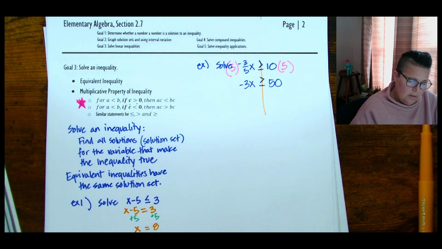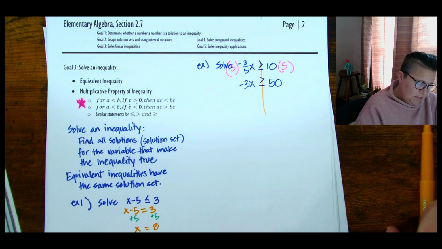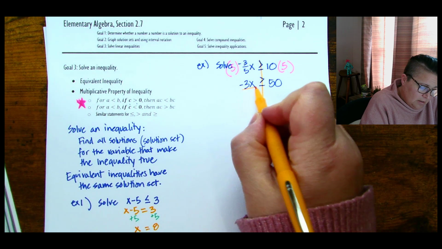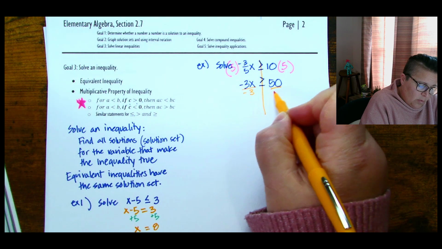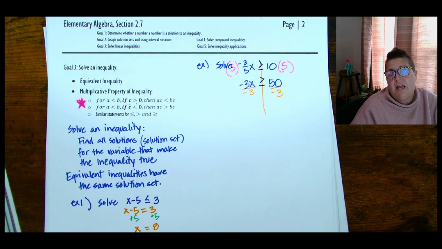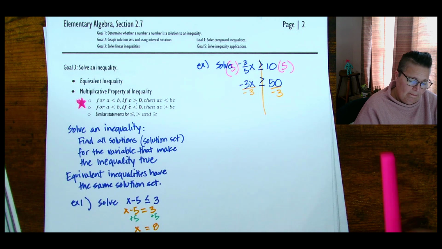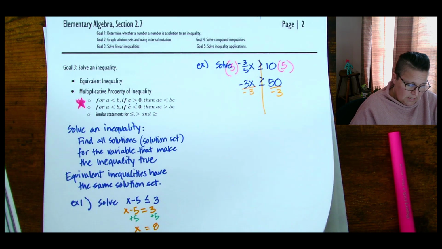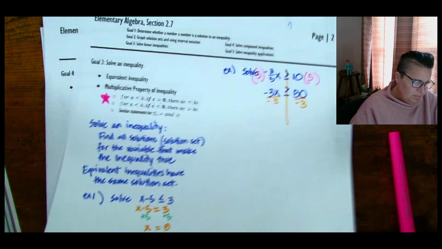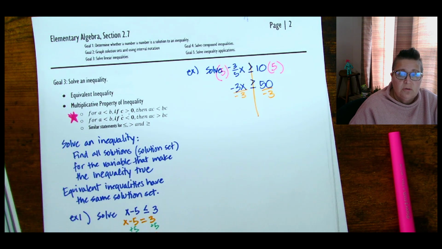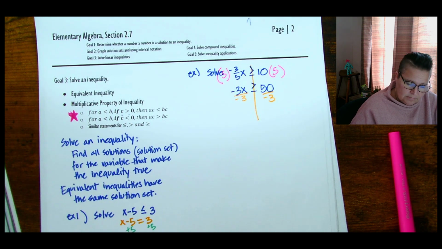However, my next step is going to be to divide both sides of these by a negative 3. This triggers an issue with the inequality.